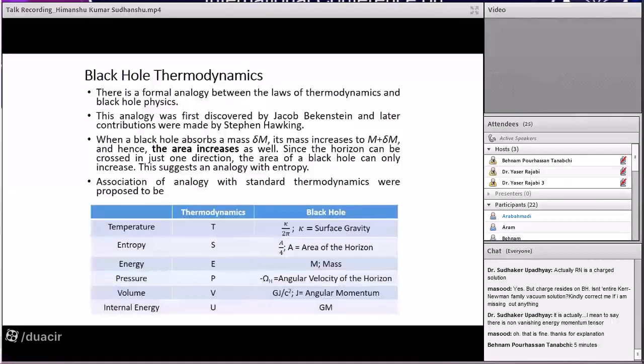For example, temperature was found to be analogous to the surface gravity of the black hole, entropy to the area of the horizon, energy or internal energy to the mass of the black hole, pressure to the angular velocity of the horizon, and volume of a thermodynamic system to the angular momentum of the black hole.